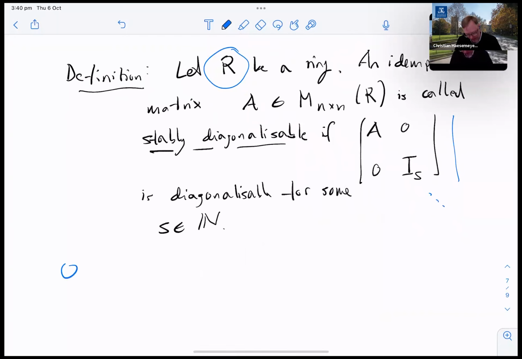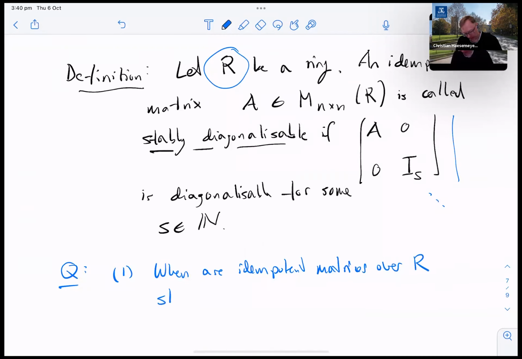And now we can ask, in general, the following 2 questions. When are idempotent matrices over a ring R stably diagonalizable? And that's the question I will mostly address today.